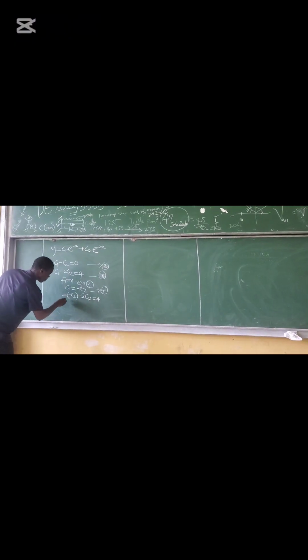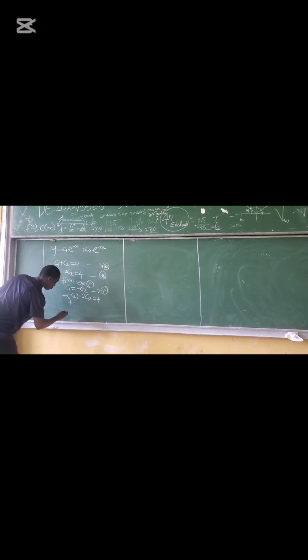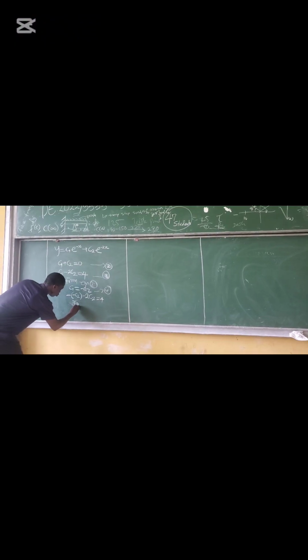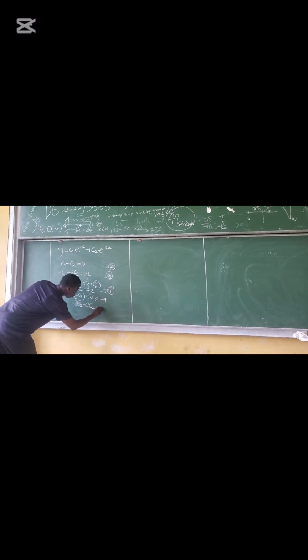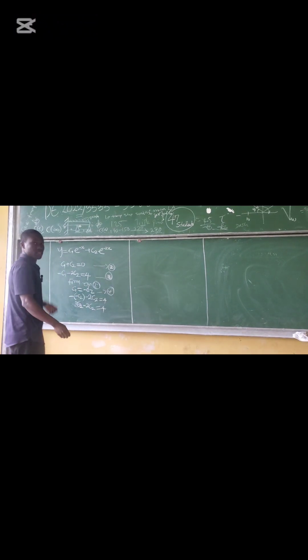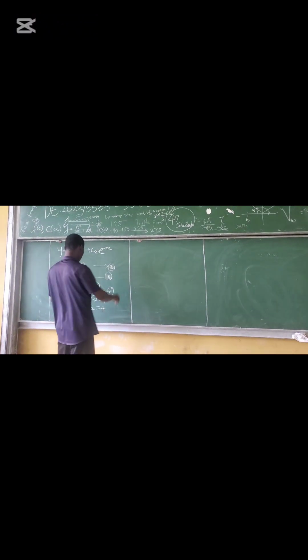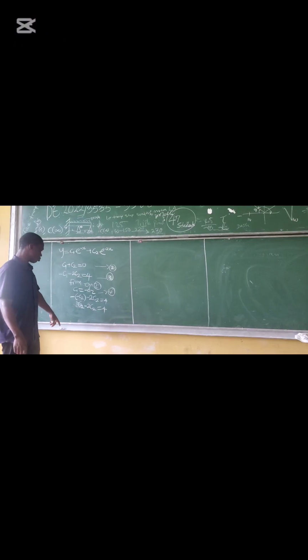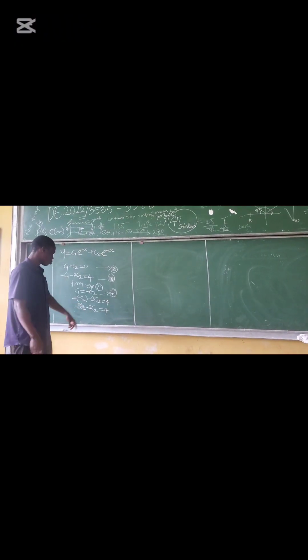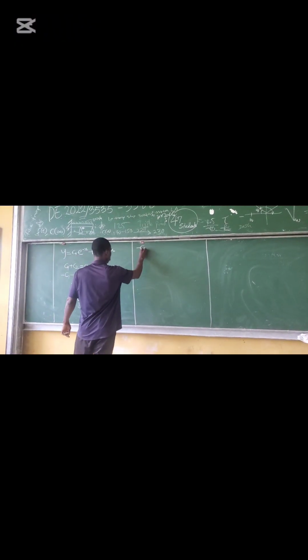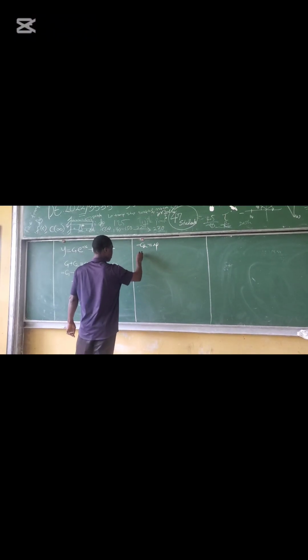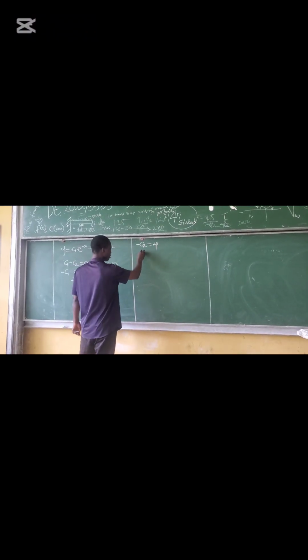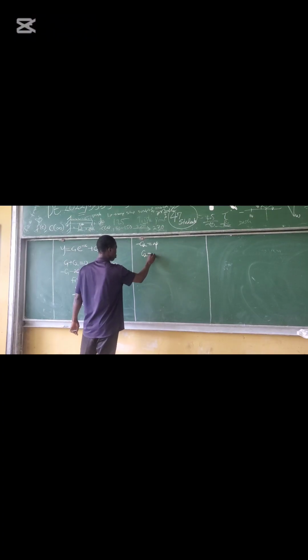Right, so minus minus is going to give me a plus. So this becomes C2 minus 2C2 equal to 4. All right. So C2 minus 2C2 will give me minus C2. So this will be equal to 4. So if I make C2 the subject, I'll have C2 equal to minus 4.